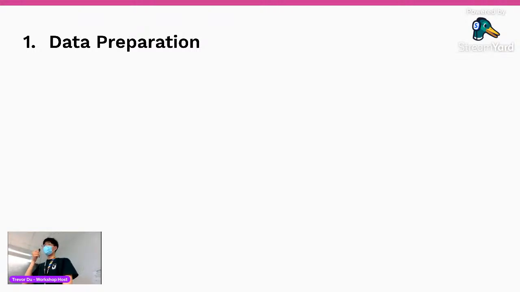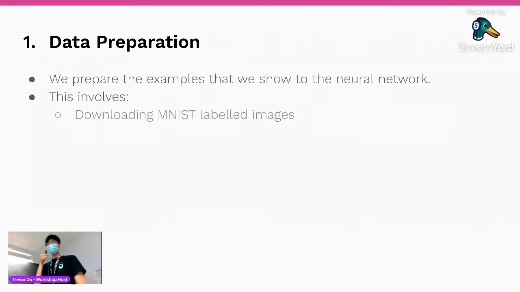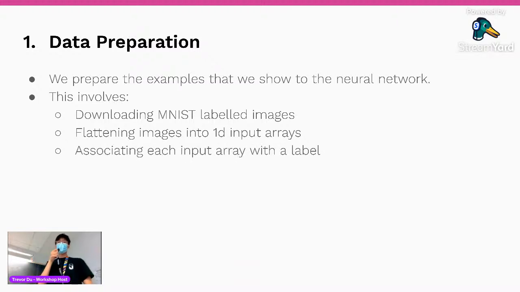So step 1 of the training process is called data preparation. The way we train neural networks is by preparing data, so solved examples for the neural network to learn from. We prepare the examples that we show to the neural network, and this process involves downloading the MNIST labeled images, flattening the images into 1D input arrays, and associating each input array with a label.